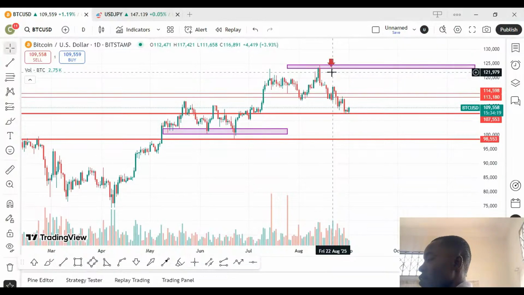The second: is there any other block that the market is going to fill? Two, is there any support that the market is going to test, or is there any demand zone that the market is going to reach? So these are the four answers to the question: a fair value gap, a support, a demand zone, and an order block.